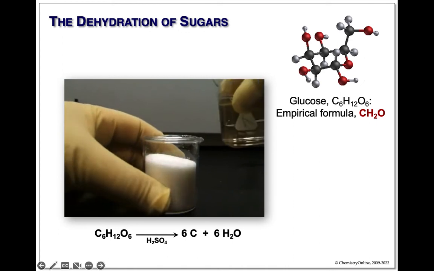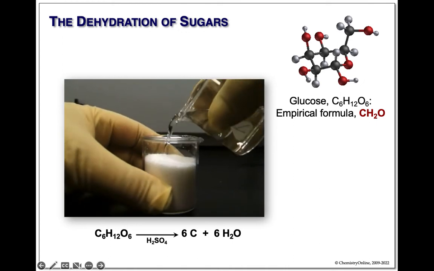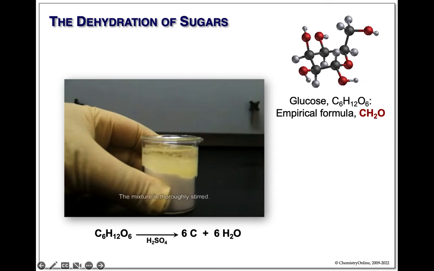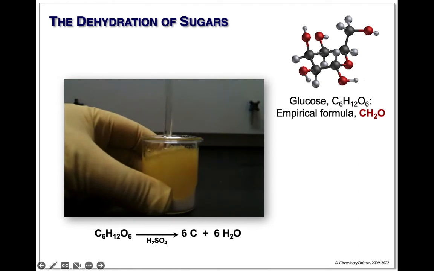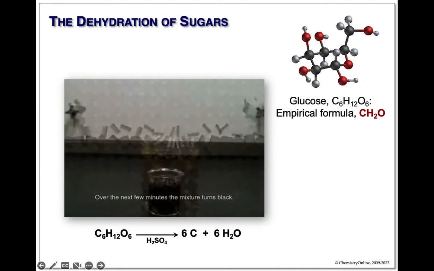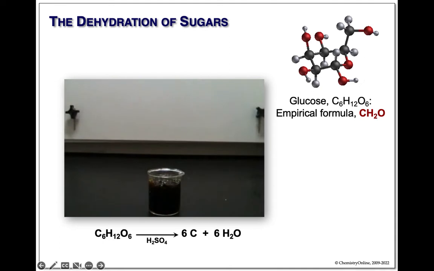You do this very, very carefully. Concentrated sulfuric acid will eat your skin in seconds. Stir it up. After a minute or two, it starts to turn ugly. Then it starts to get hot. As it gets hot, the reaction proceeds.